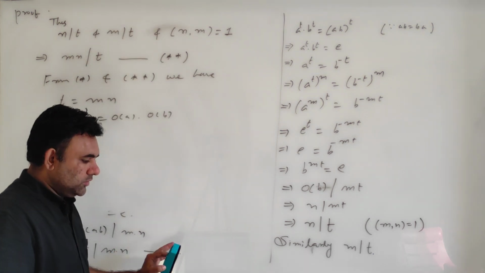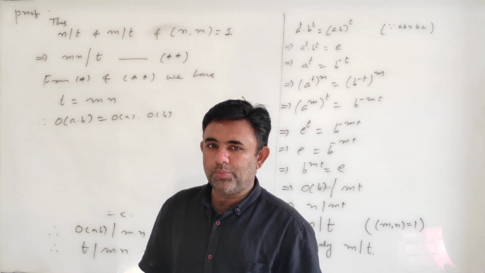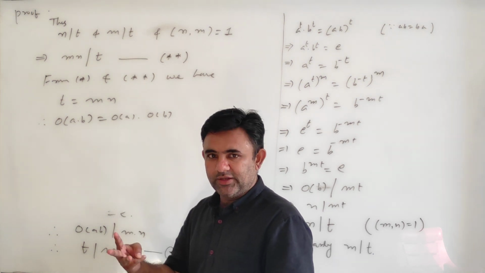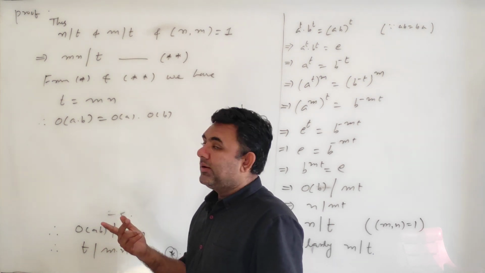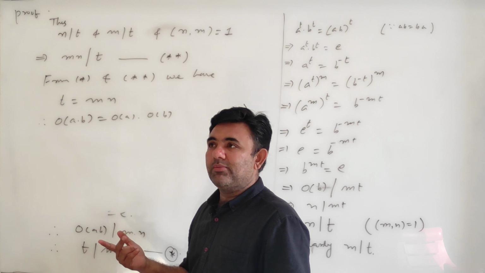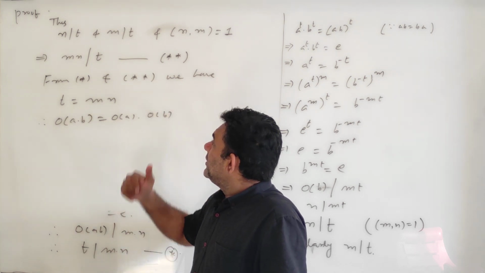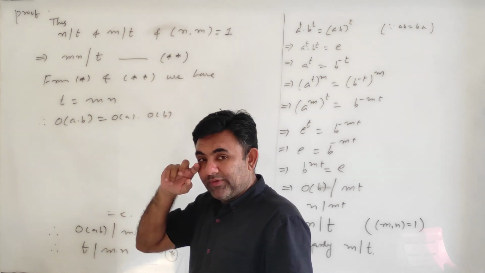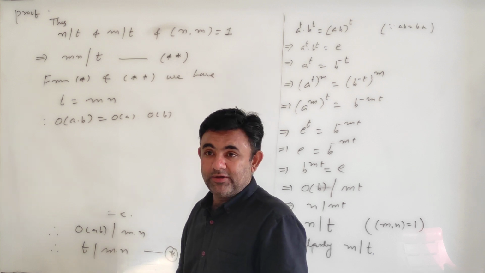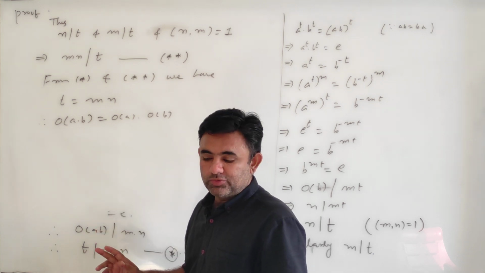And if you drop at least one condition among these three conditions, AB equal to BA, order of A and B are relatively prime, or the first condition, order of A and order of B are finite, then this result is not true.